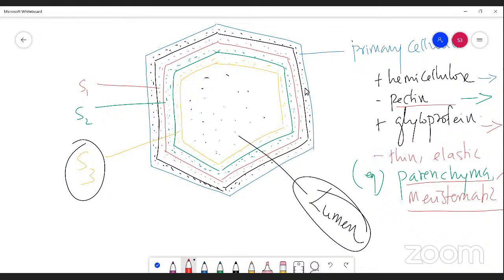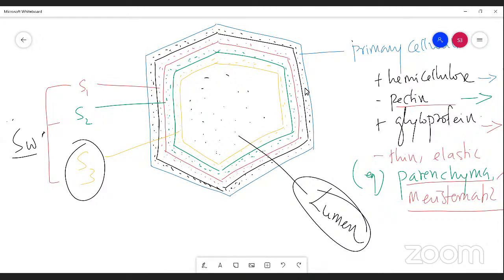I have taken the secondary layer: S1, S2, S3, or simply the secondary wall of a cell. The secondary wall is differentiated into S1, S2, S3.